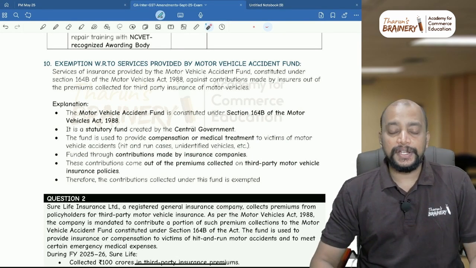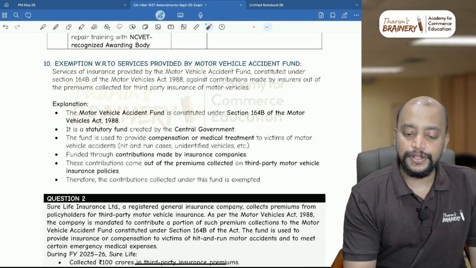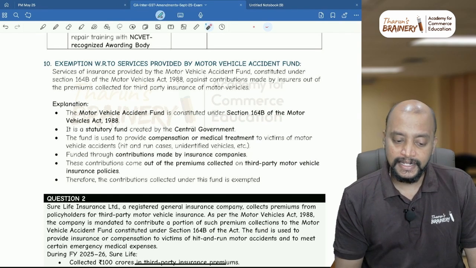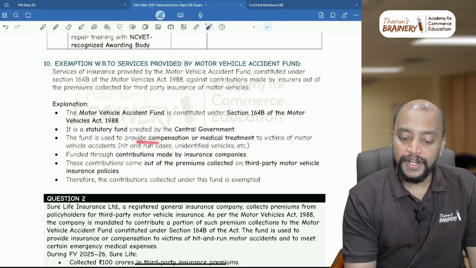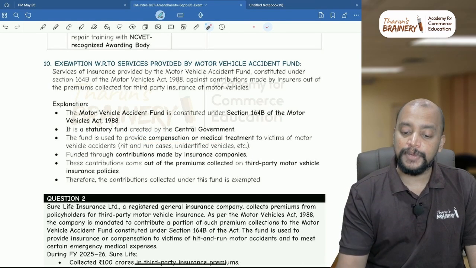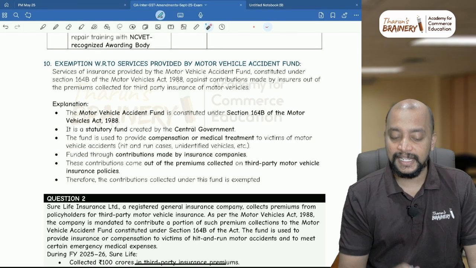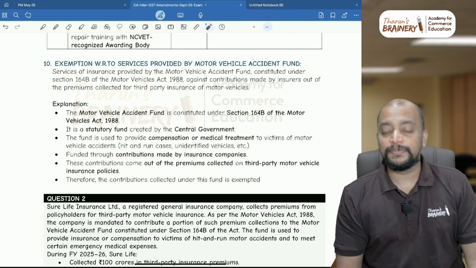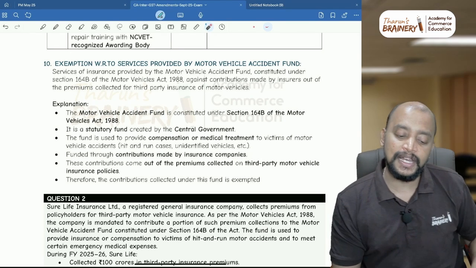So see the explanation relating to this. The Motor Vehicle Accident Fund is constituted under section 164B of the Motor Vehicles Act 1988. It is a statutory fund. The fund is used to provide compensation or medical treatment to victims of motor vehicle accidents, hit and run cases, unidentified vehicles, etc. How is it funded? Funded through contributions made by the insurance companies. These contributions, how are the insurance companies making them?